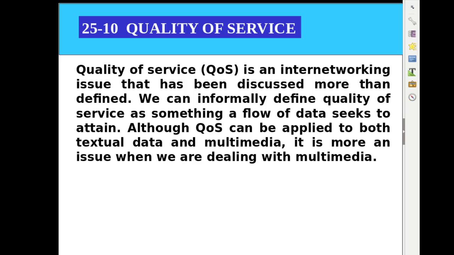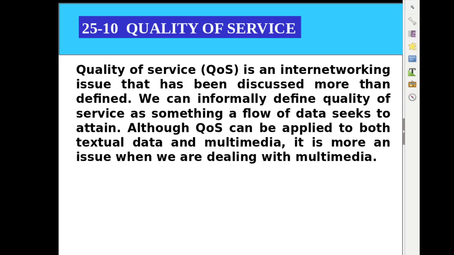So whenever we have a flow of data, we need to have a quality of service. It can be applied to both textual or multimedia data, but it is more related to multimedia since it has a flow of data. Okay.